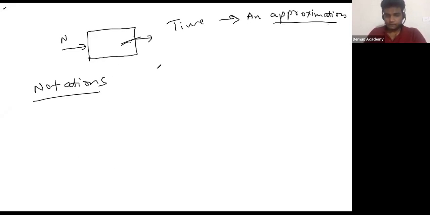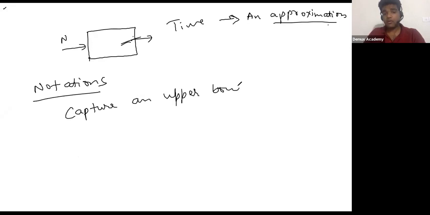So we want to capture an upper bound on the time that a program takes to run. So we want to say that, hey, this program will not take anything more than this time.